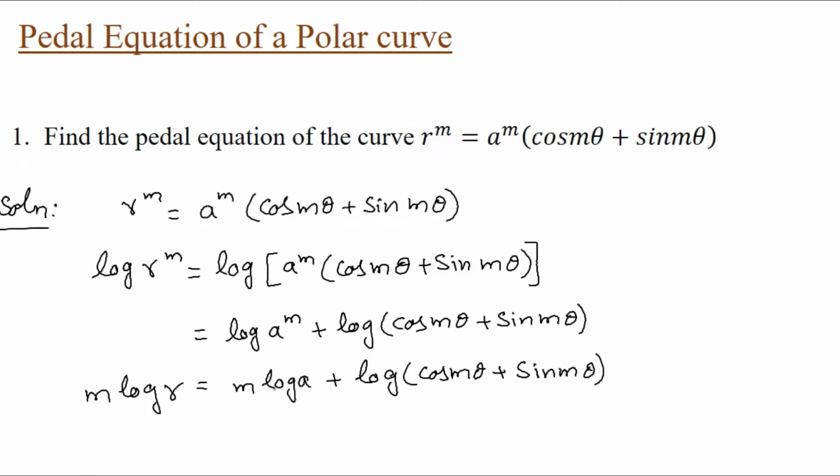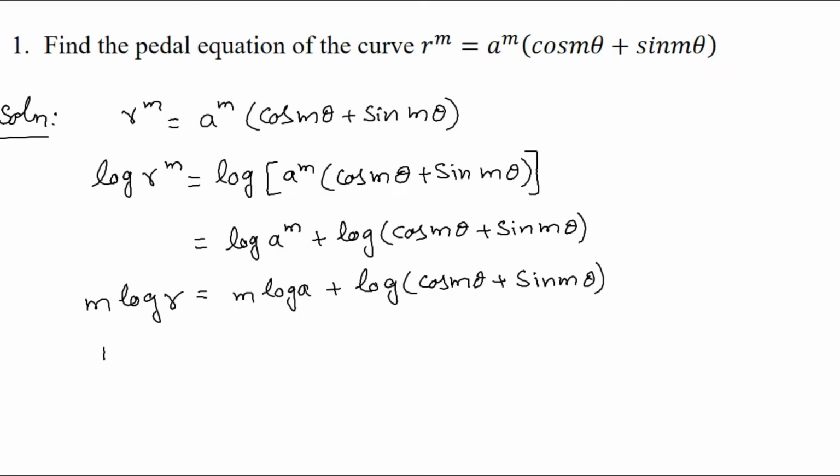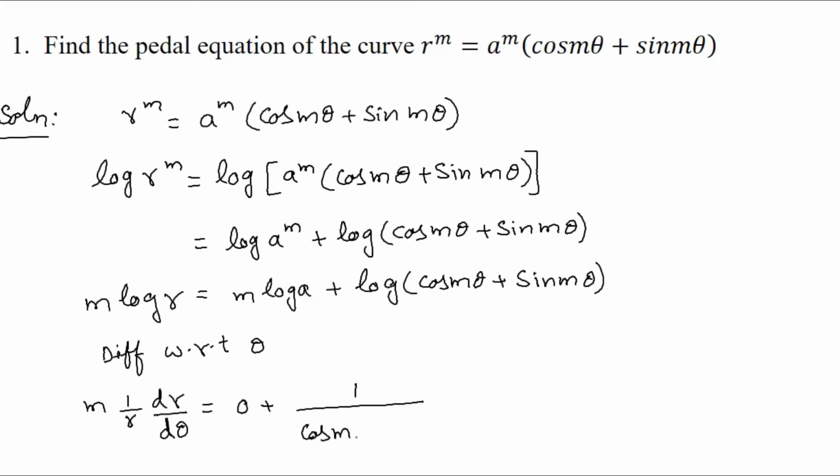Now let us try to differentiate this with respect to theta. It is m times log r, whose differentiation will be 1 by r into dr by d theta. m log a is a constant, so its derivative will be 0, plus log differentiation will be 1 by (cos m theta + sin m theta).